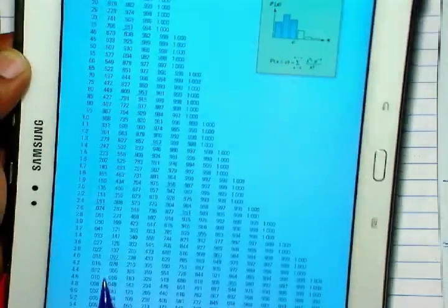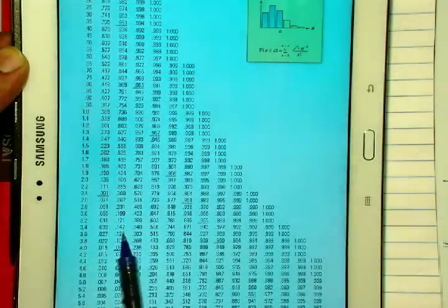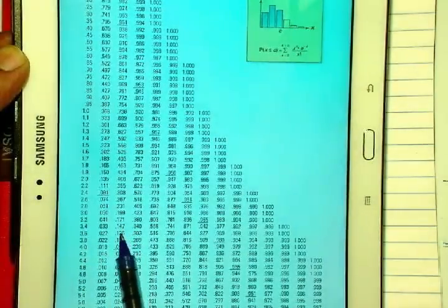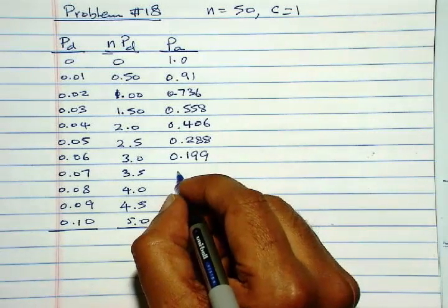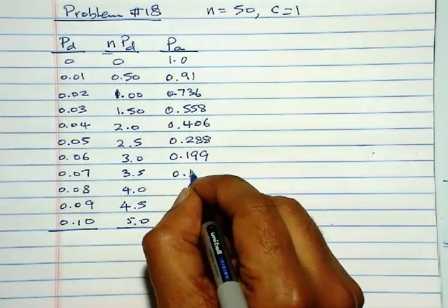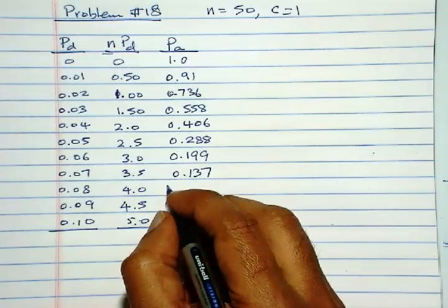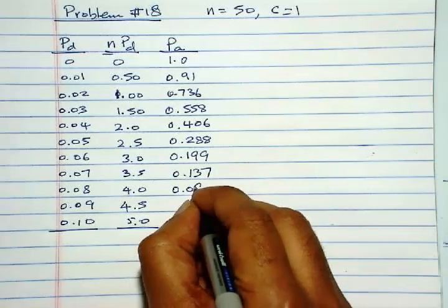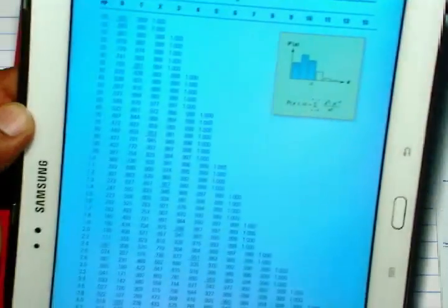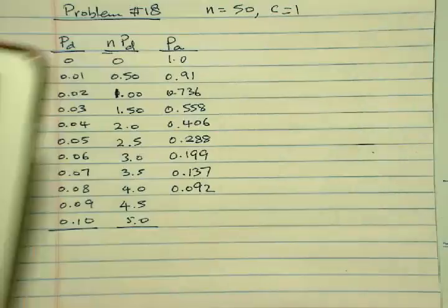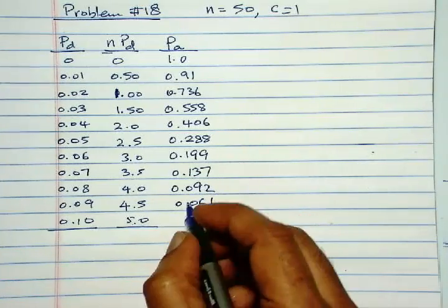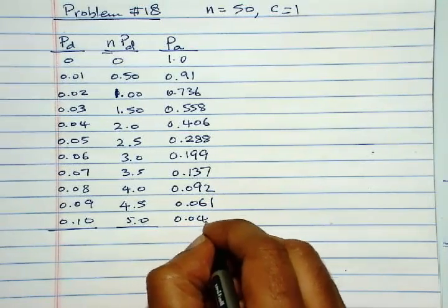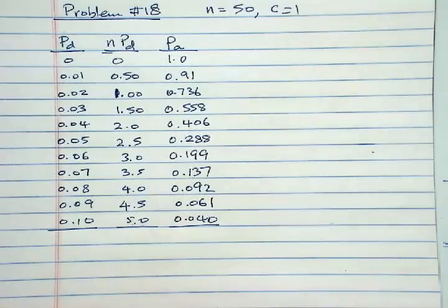Once again 3.5 is not there, so you have to take an average of these two, and I have 0.137 and 0.092. For 4.5, once again I'm going to take an average of those two, so that's 0.061, then 0.040. So these are the P sub a values.